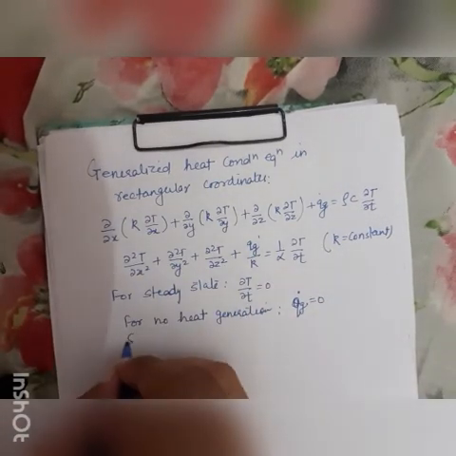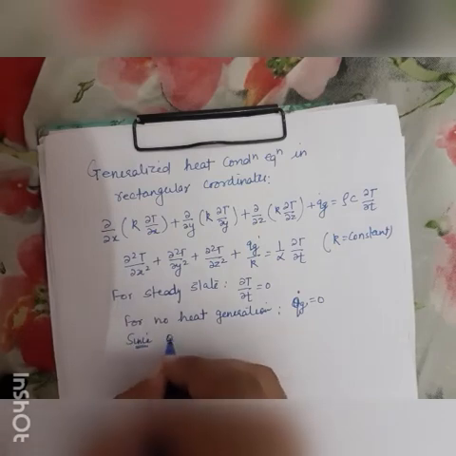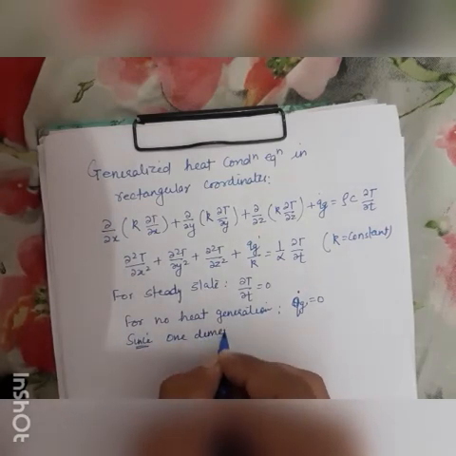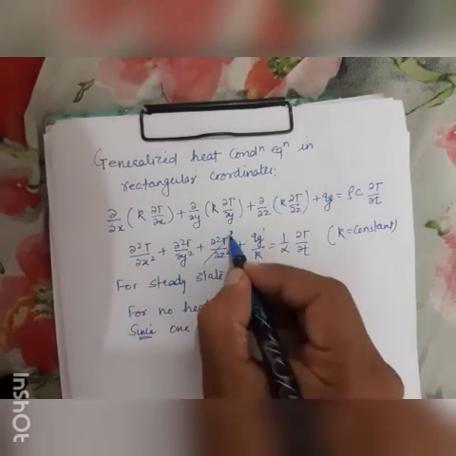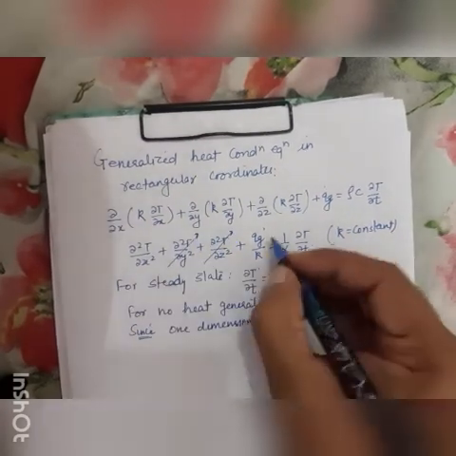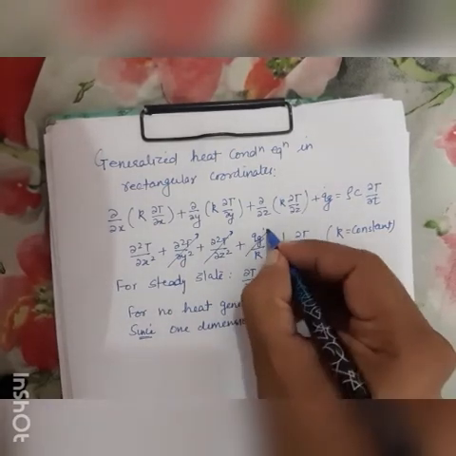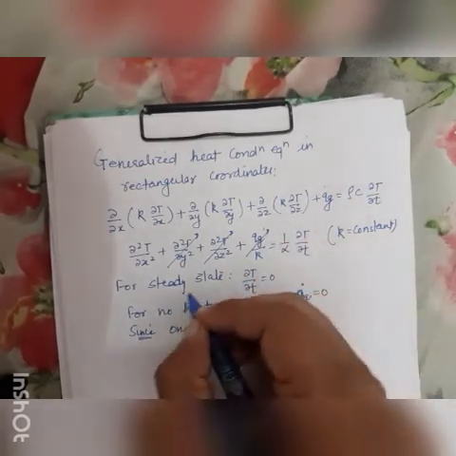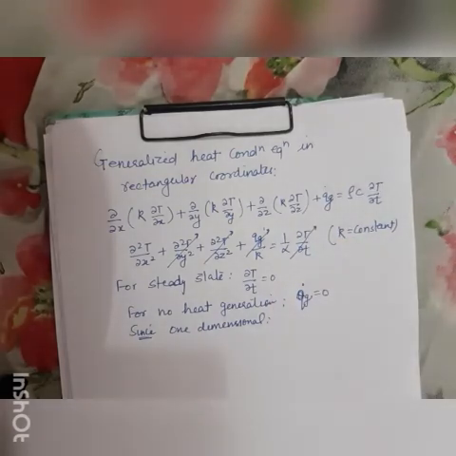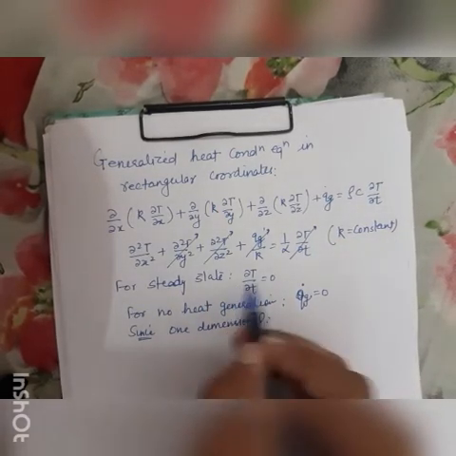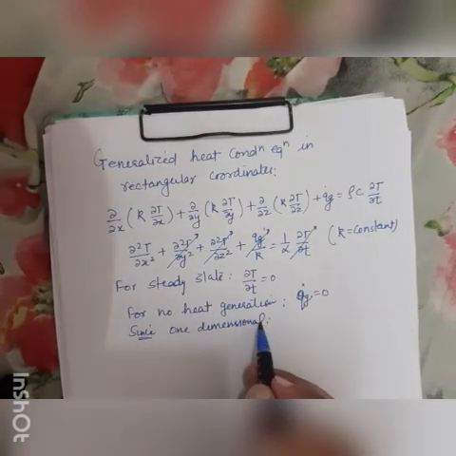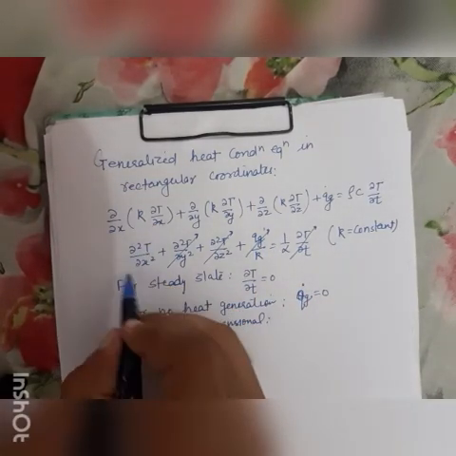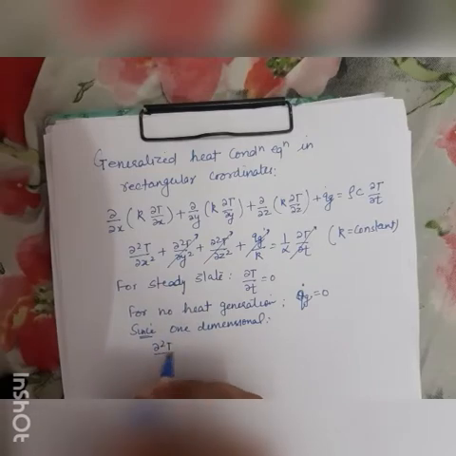And since it is one dimensional, the other two second-derivative terms get cancelled out. Due to steady state, this term is 0. Due to no heat generation, this term is 0. So we are left with only one term: ∂²T/∂x² equals 0.